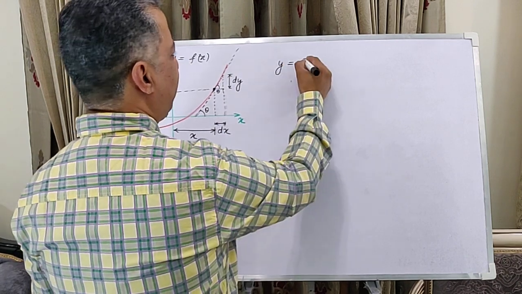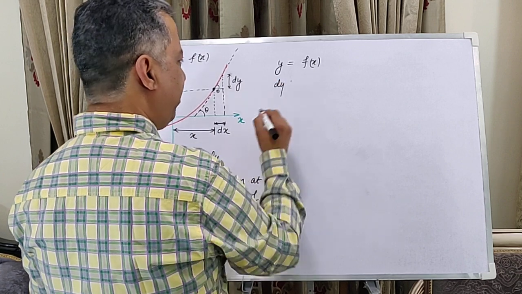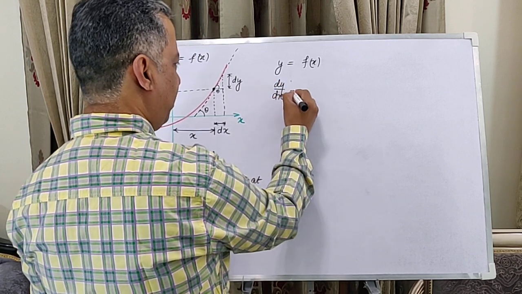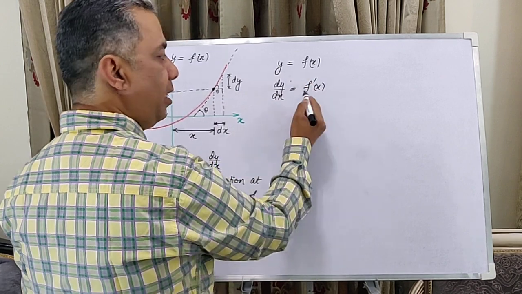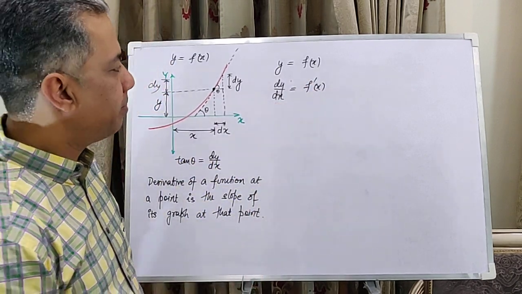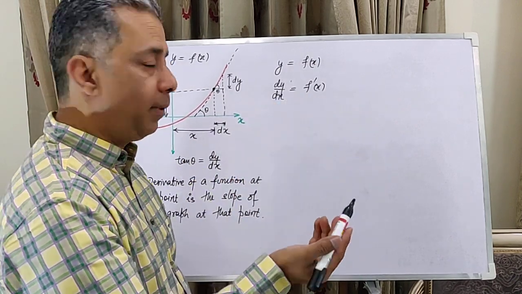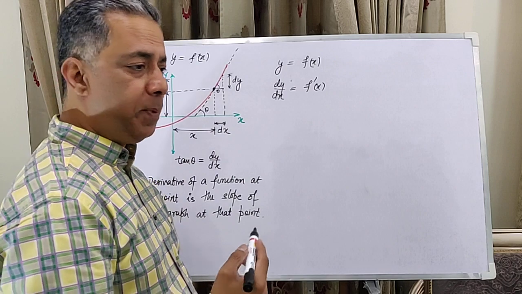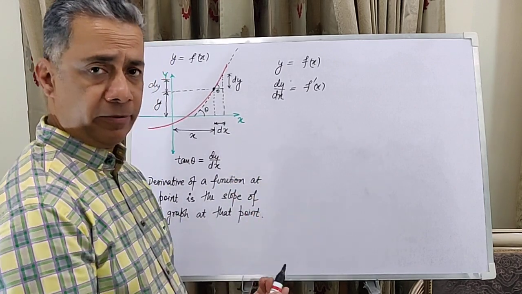Let's say we have a function y equals f(x). Then the derivative of this function, dy by dx, we are representing as f prime x. Now even this is a function of some sort. We can always differentiate this function again, and then we would get what is called a second order derivative or a second derivative, double derivative.